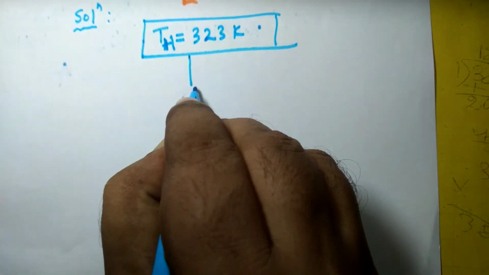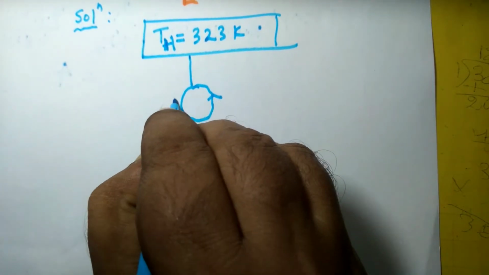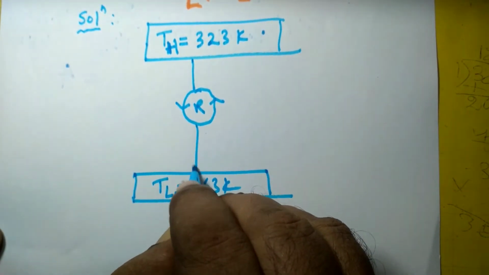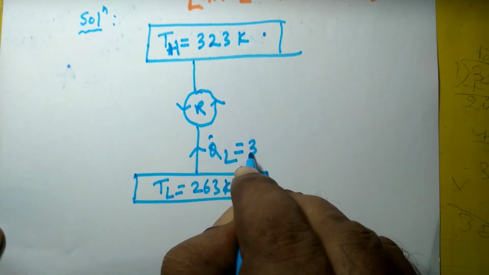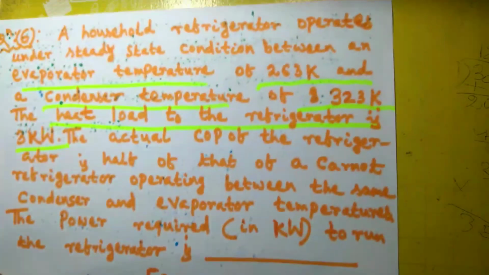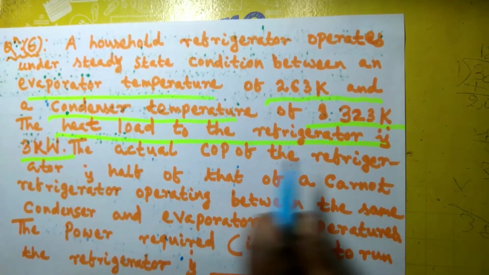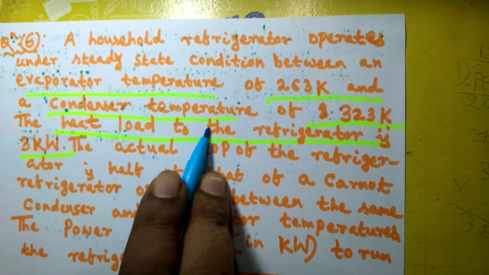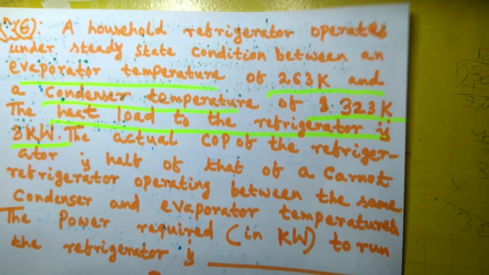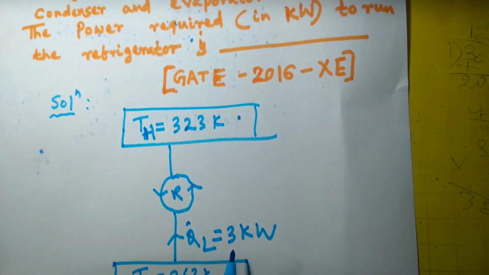So suppose this is the refrigerator. This is Q dot L, given to be 3 kilowatt. The heat load to the refrigerator is 3 kilowatt. So Q dot L is 3 kilowatt.